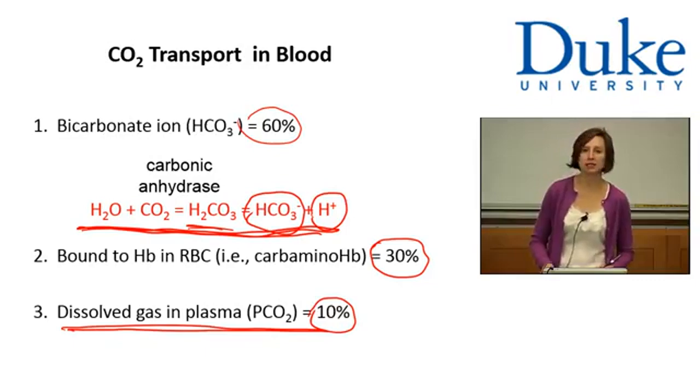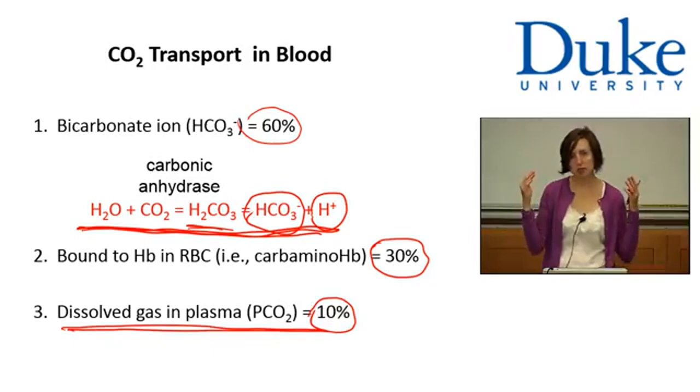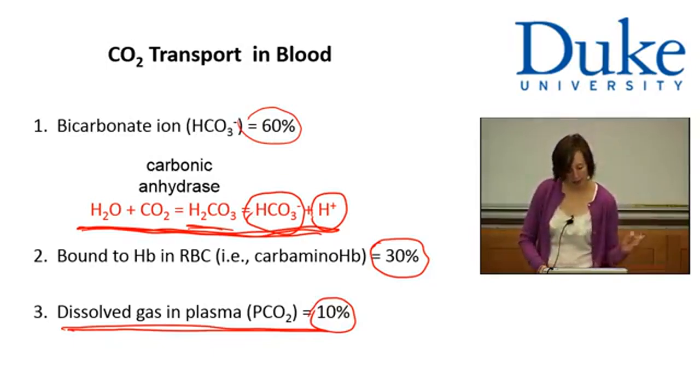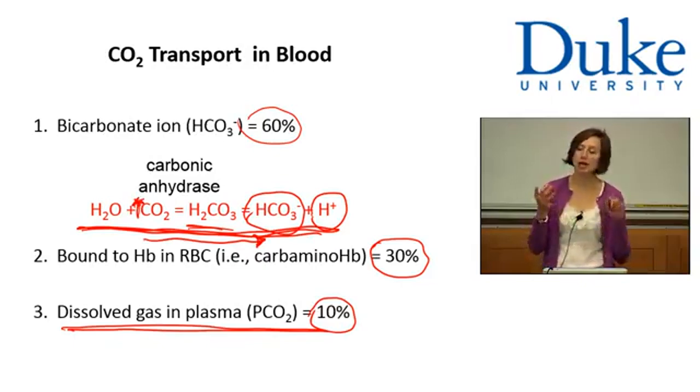So that means, and we'll see this in a figure in a moment, when the blood comes to the tissues and CO2 enters the blood, that is going to force these reactions to the right, because we're increasing the amount of CO2, which means that we produce more bicarbonate and more protons.